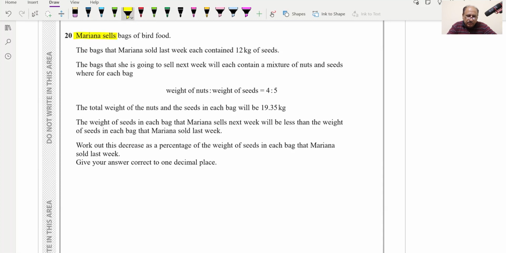Question 20 says Mariana sells bags of bird food. The bags that Mariana sold last week each contained 12 kg of seeds. The bags that she is going to sell next week will each contain a mixture of nuts and seeds, where for each bag the weight of nuts to the weight of seeds will be 4:5.